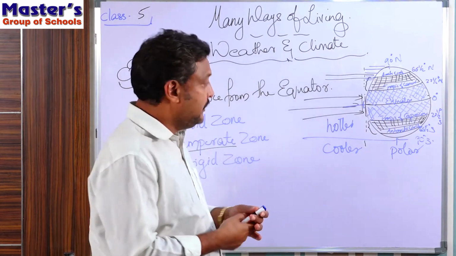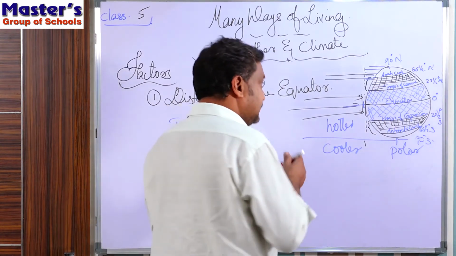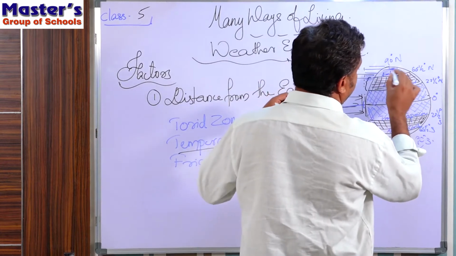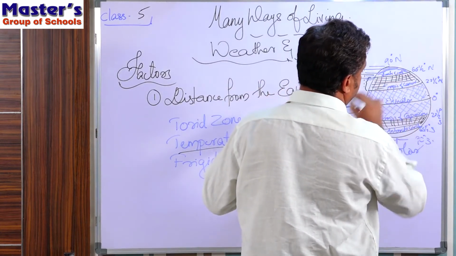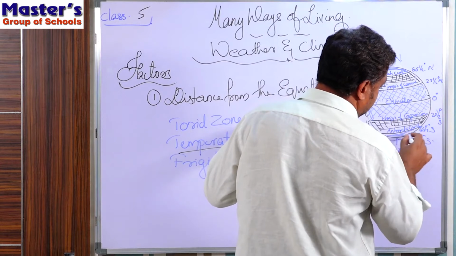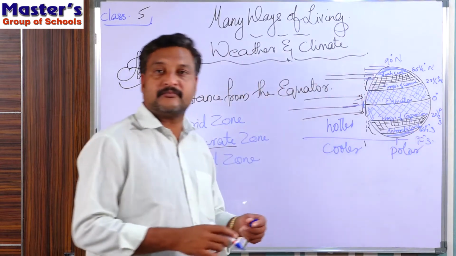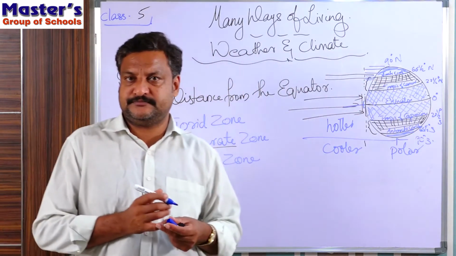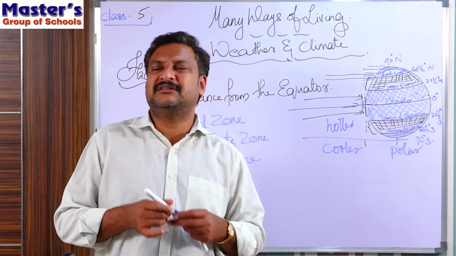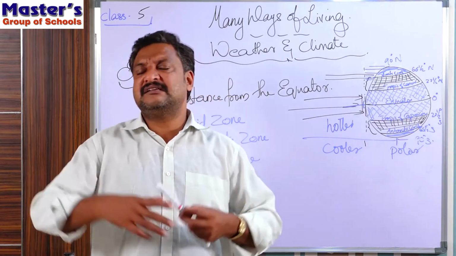Okay. Now, in between the Arctic Circle and the North Pole, this region, and Antarctic Circle and the South Pole, it's very cold. It's so cold that you can hardly have any sunlight over there.